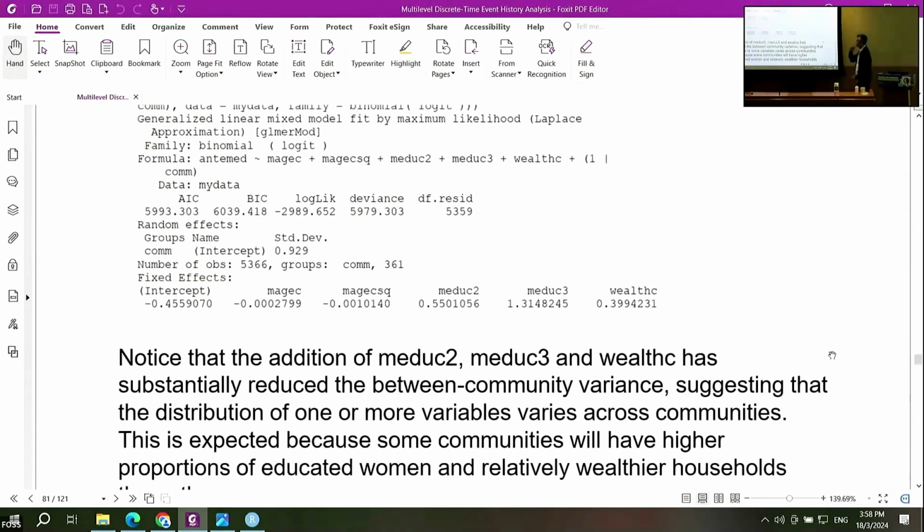And you'll see as you go through the exercise that when you add in these variables, education and wealth, it reduces the between community variance. So the level 2 variance. It was about 1.2 before in the models without any explanatory terms, and it's reduced to 0.929 in these models with the explanatory terms.